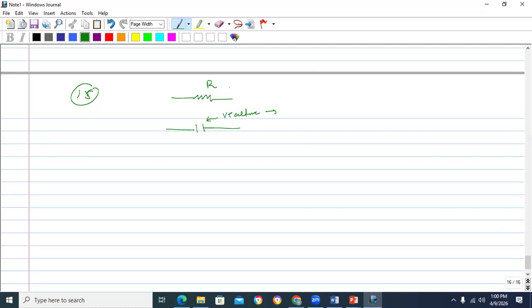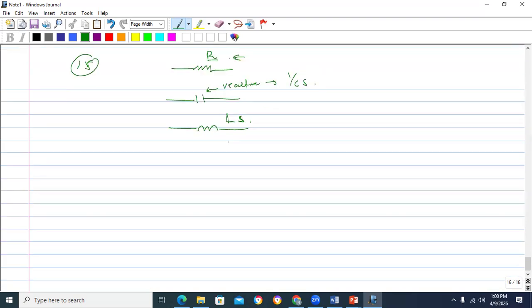We can write it as 1 over Cs. And if it is an inductor, it is Ls. This is what you need to remember. This is simple R, this is 1 over Cs, this is Ls.